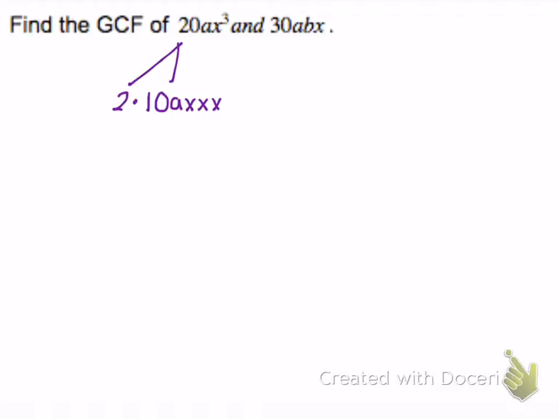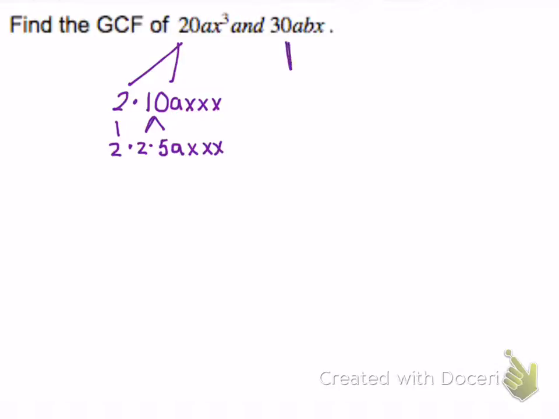But 10 is not prime, so I want to break that down even further. So I can break 10 into 2 times 5, and then I have my factors of a and 3 factors of x. Notice that that third power only goes with the x. It does not go with the a, since the a does not have an exponent. It's just 1 factor of a.